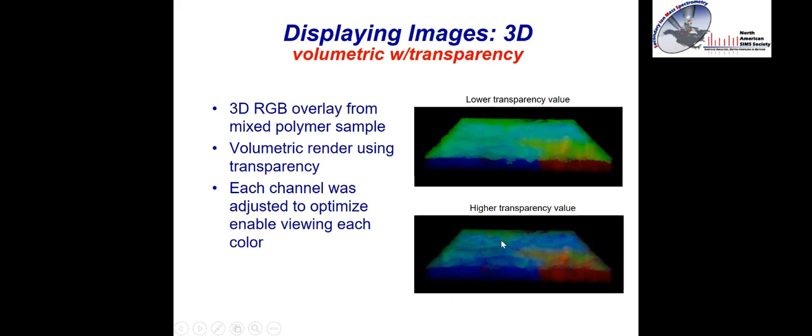For example, if I really wanted to show the distribution of these other two polymers underneath the polymer shown in green, I could report that I increased the transparency value to show what the data looks like underneath that top layer. But it's important to make sure you state why you did something, because it's very easy to manipulate 3D data.